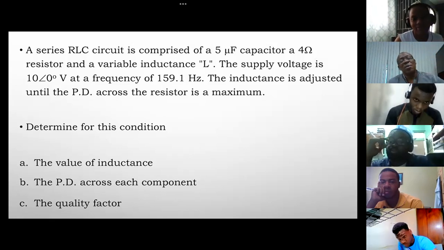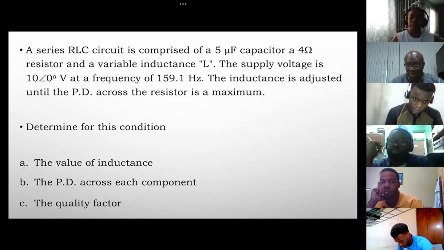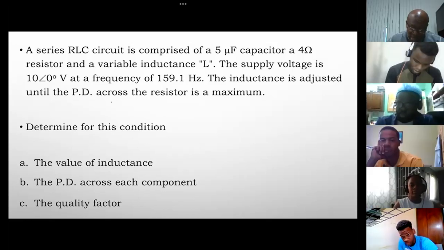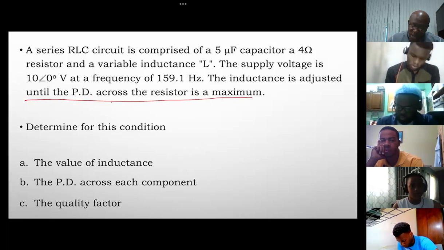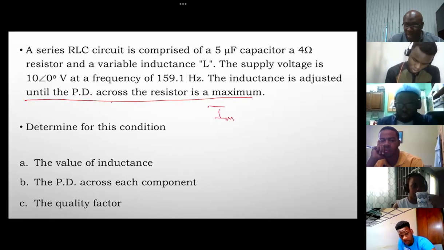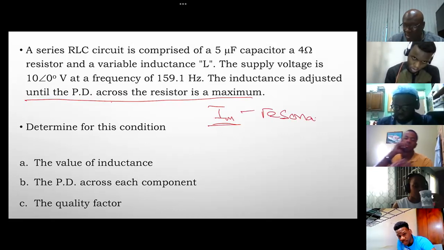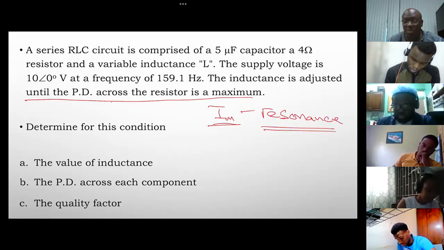So it's just the first statement that you made, which is to say that because you're told that the PD across the resistor is a maximum, it means that the circuit must be operating at resonance. Because that only happens if you have the maximum current flowing. And the maximum current can only flow if you have resonance. That's all I need.